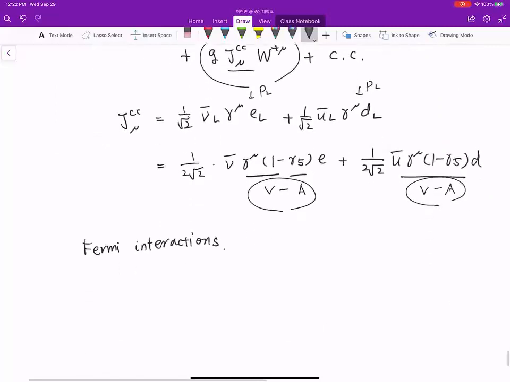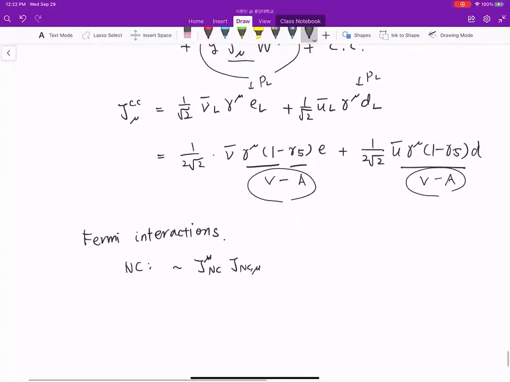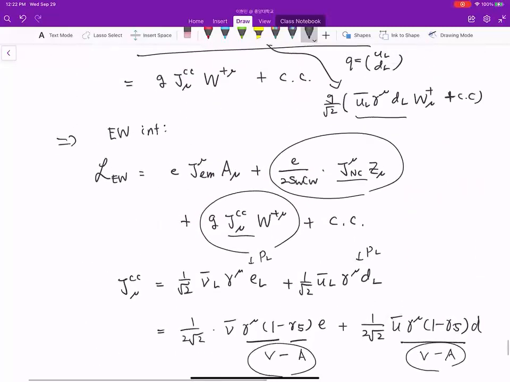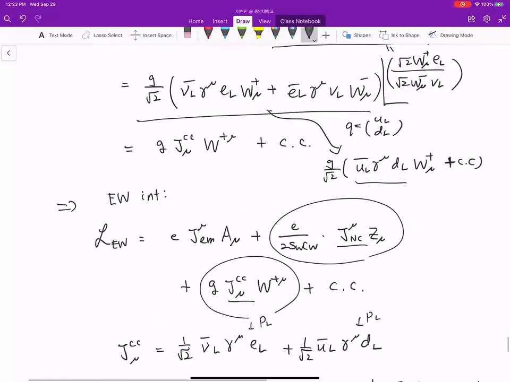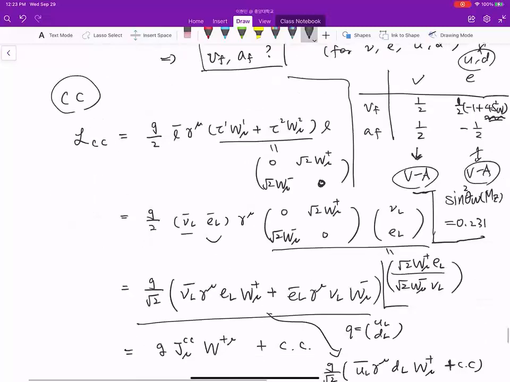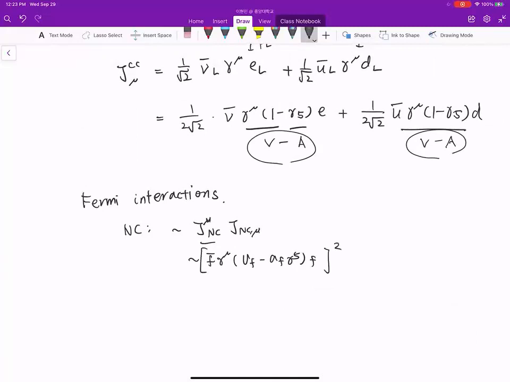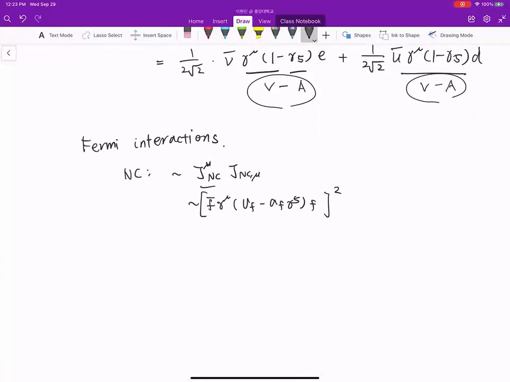The Fermi interactions for the neutral current, J mu neutral current, are four-Fermi interactions. The neutral current looks like this, and this is just a square. So this is the neutral current induced effective interaction, if you don't see the W or Z boson directly.